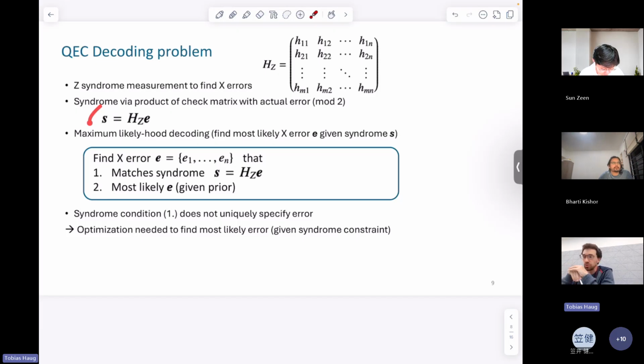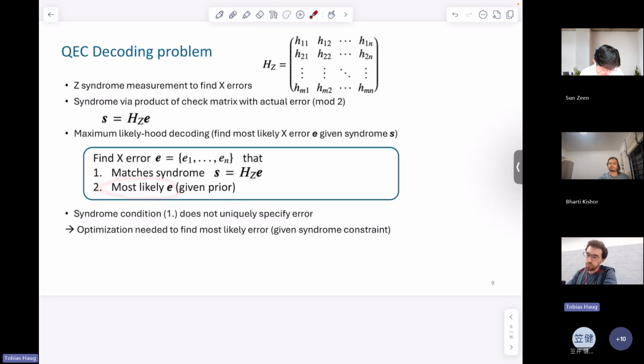Okay, now we have to do decoding. What we usually do is something called maximum likelihood decoding. Basically, finding the most likely error E given the syndrome. Namely, we're trying to find an error that matches the syndrome condition, the parity check matrix times the error, and that is the most likely, given some prior information.